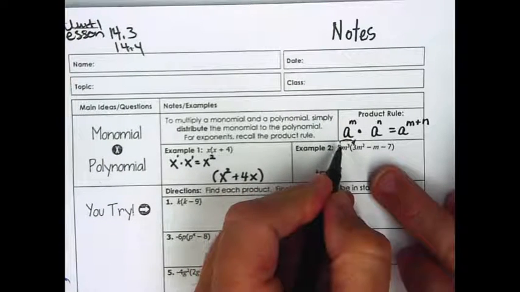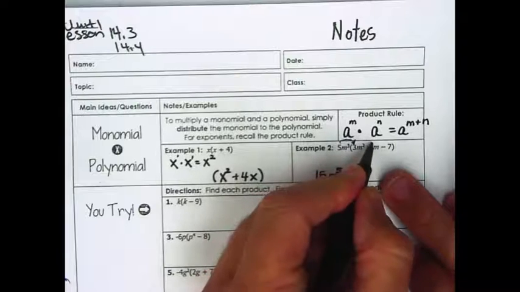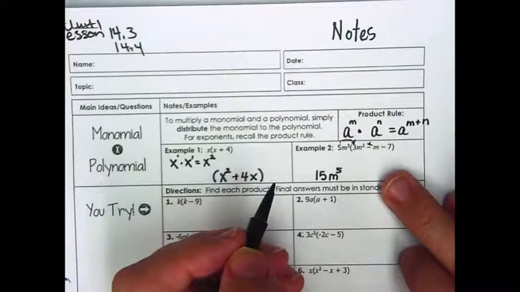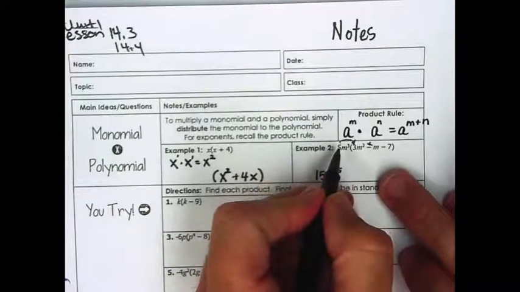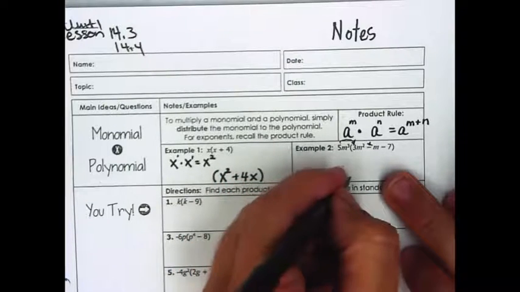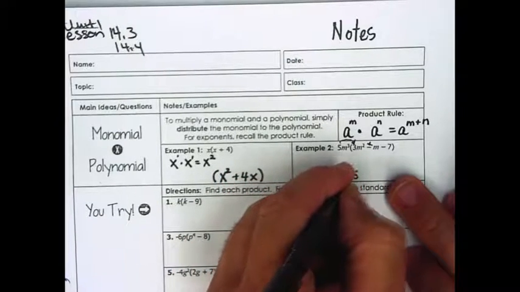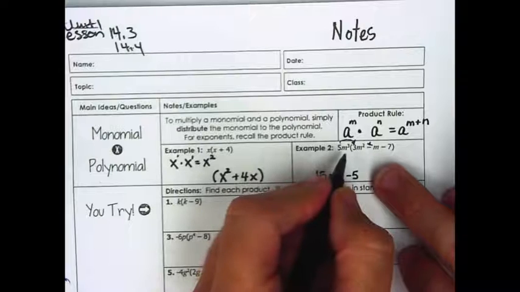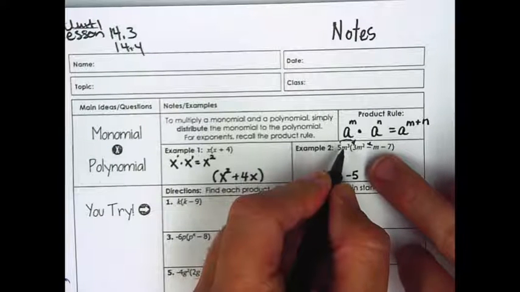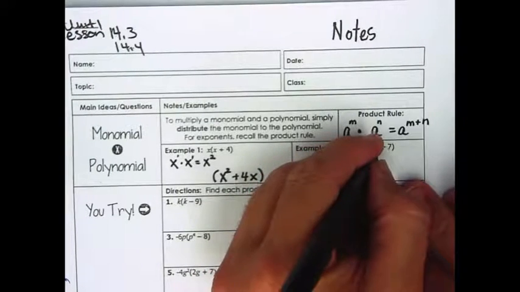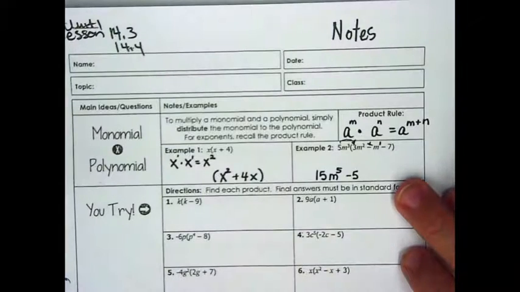Let's multiply 5m cubed times negative m. 5 times negative 1 is negative 5. M cubed times m to the first, when m is by itself, it's to the first power.